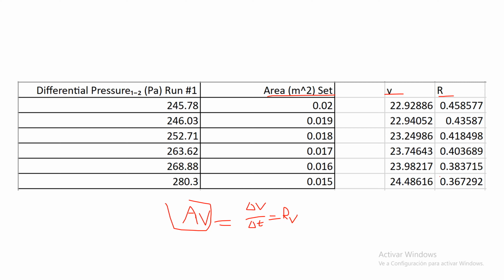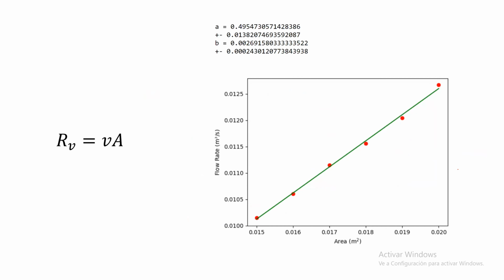It is decreasing along with the area decreasing, but we will see how much exactly constant it is using a graph. So here is our graph. As you can see, we put the flow rate on the y-axis and area on the x-axis. Therefore, it will follow this pattern, just multiplied by the velocity a in this case, to get this tendency.